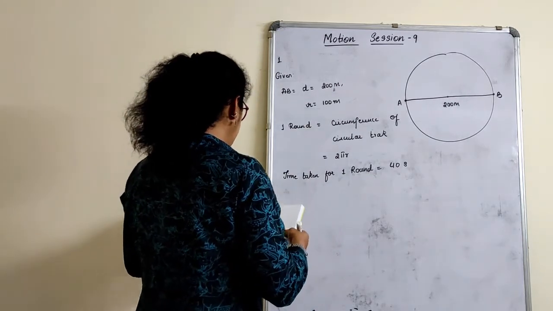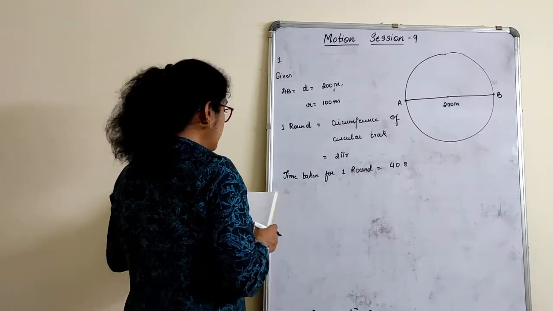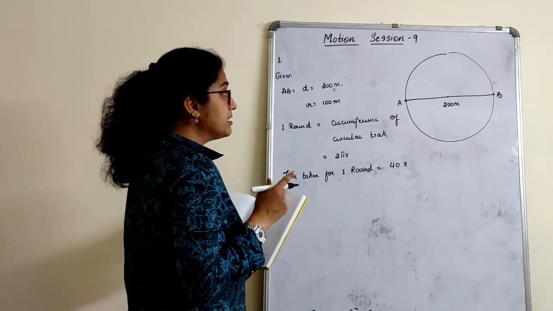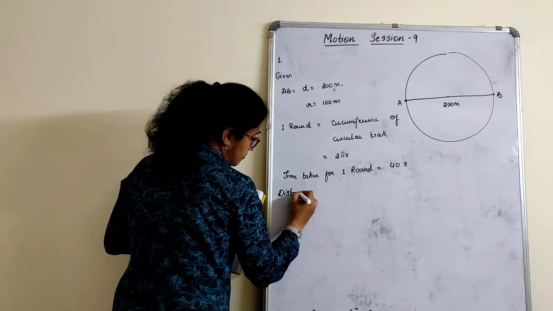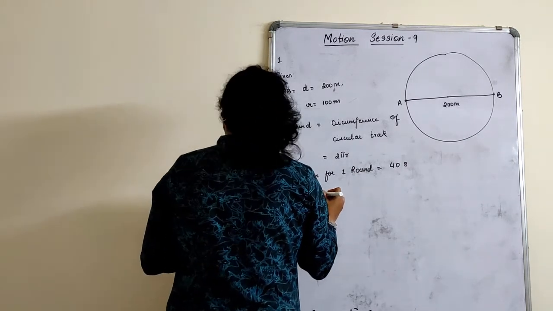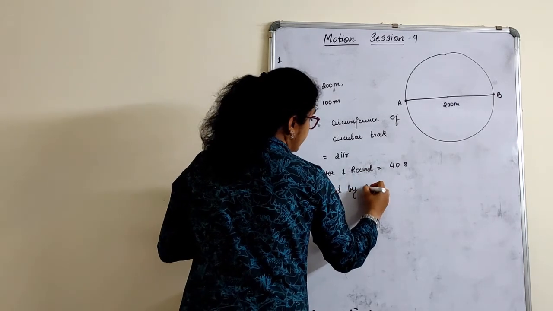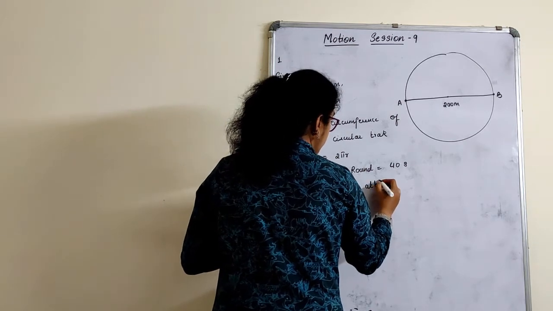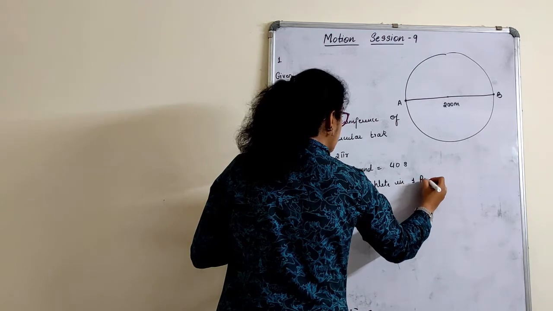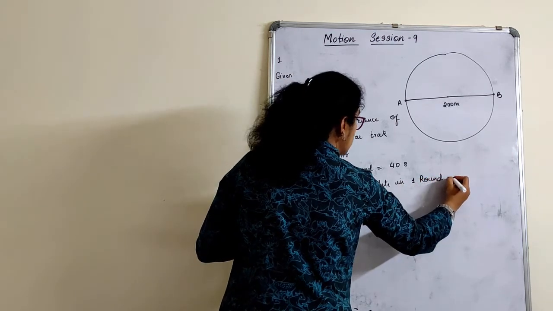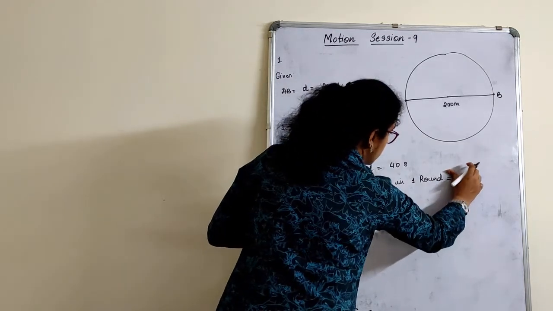Since we know the radius of this and time taken for one round also, shall we calculate distance covered by the athlete in one round?